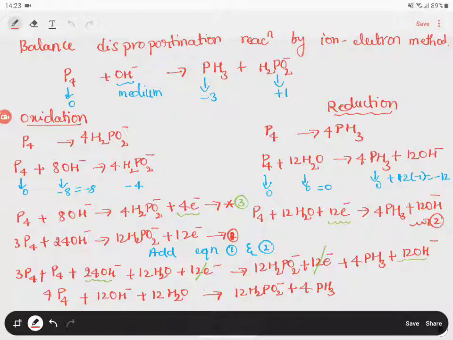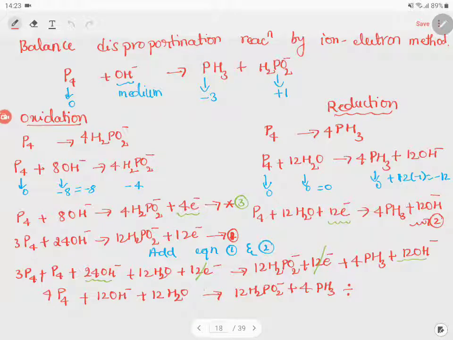So here all of them are divisible by 4. So whenever we write the balanced chemical equation, it should be of simple whole number form. Therefore, I am going to divide the entire thing by 4. When I divide it by 4, we get P4 plus 3 OH minus plus 3 H2O, giving 3 H2PO2 minus plus PH3.